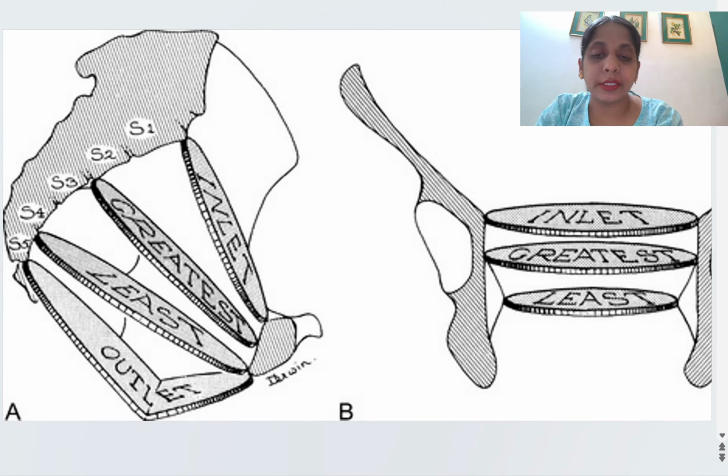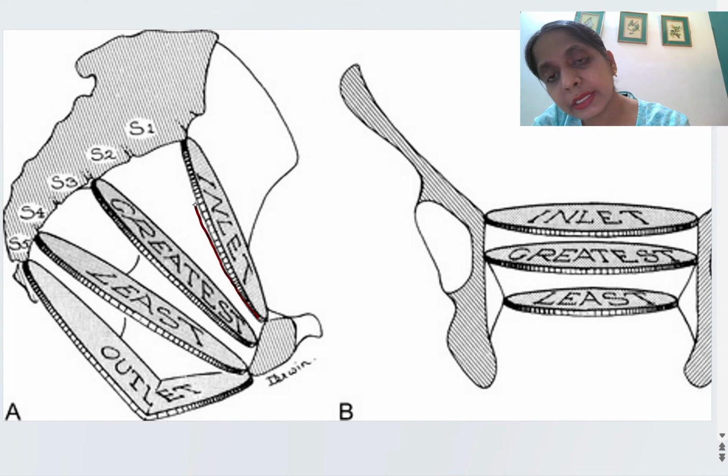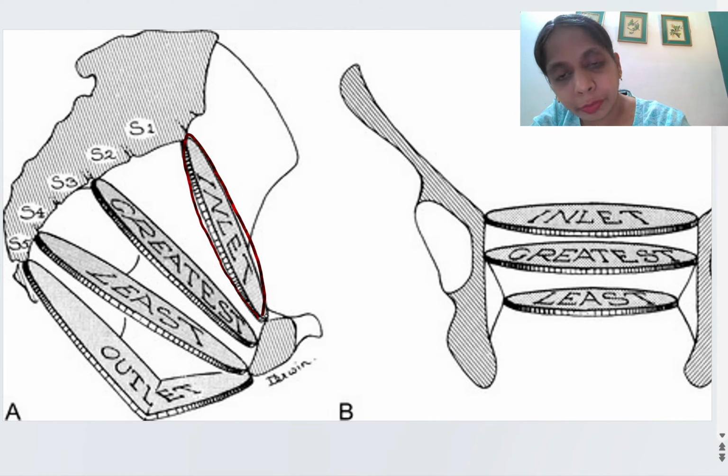So now we will look here. Diagrammatically they have drawn the plane, a rough presentation. See, this is the inlet plane, which goes from the upper part of the pubic symphysis to the promontory.